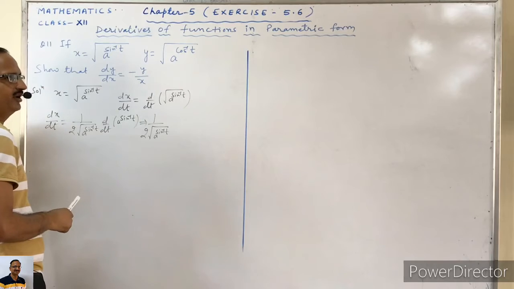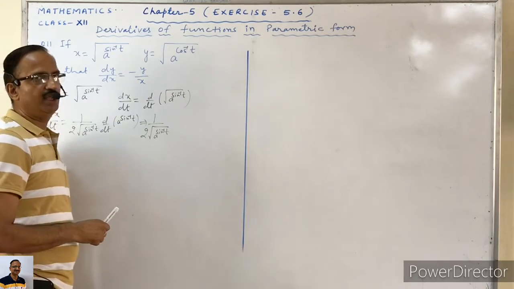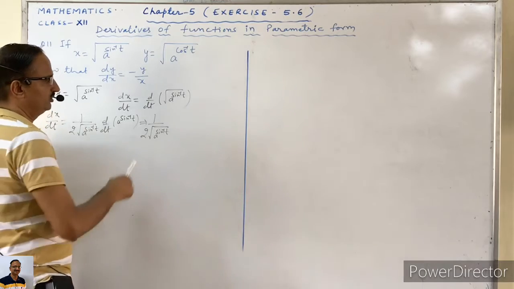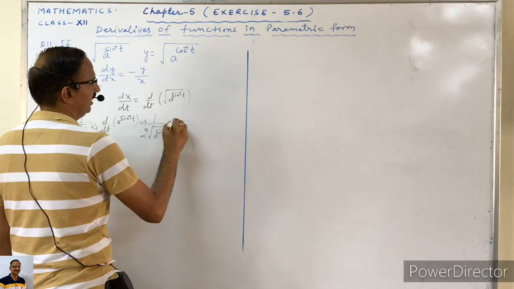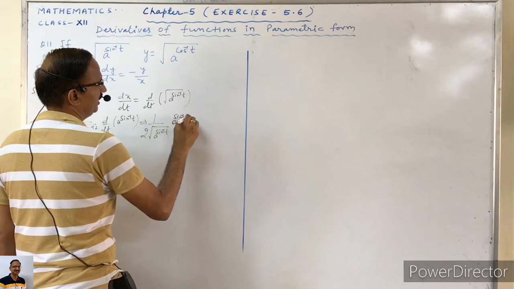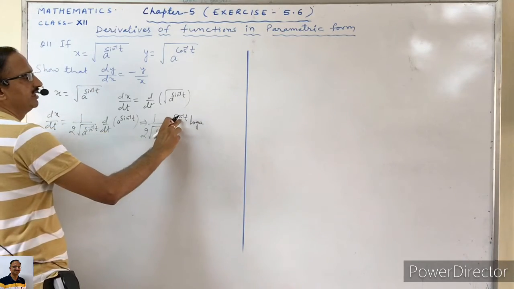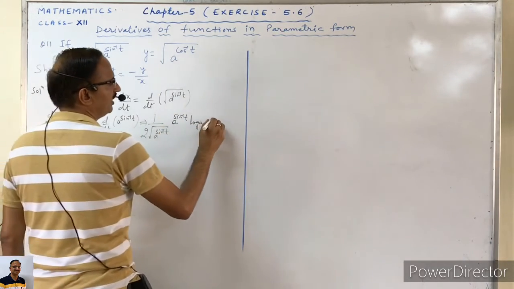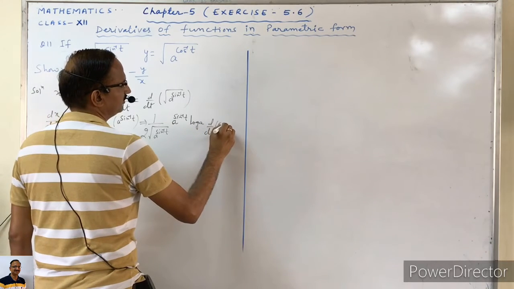So the derivative of a raised to power t is a raised to power t log a. So we can write the derivative of this as a raised to power sine inverse t log a, and since this is not t, we will write the derivative of this in the product.